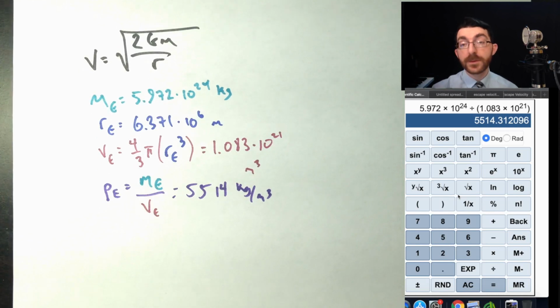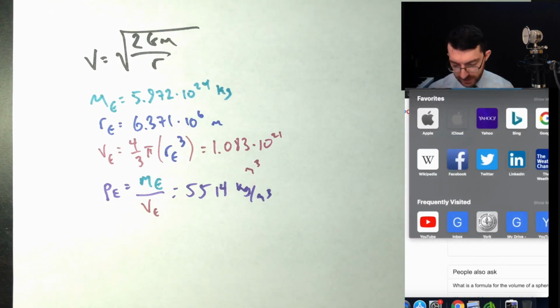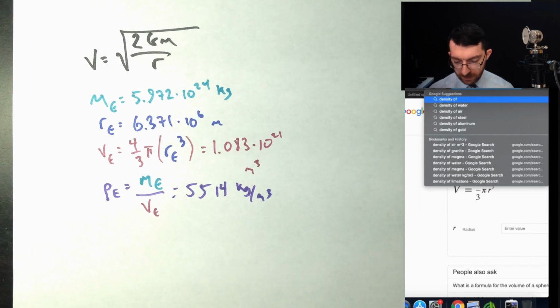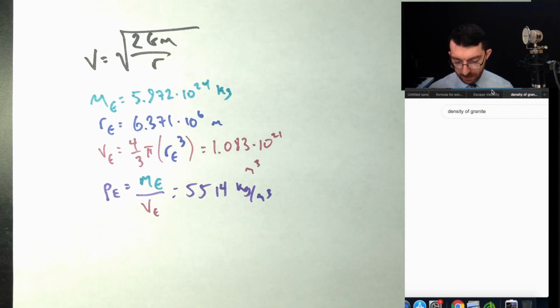So just for reference, water has a density of 1 ton per cubic meter. And so that means that the Earth is, on average, about 5.5 times as dense as water, which makes sense. I mean, most of it's rock, and rock sinks in water. You know, I'm curious. I want to know, what is the density of granite?